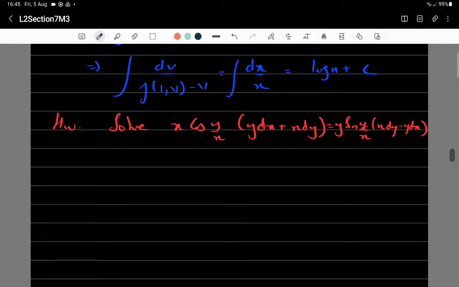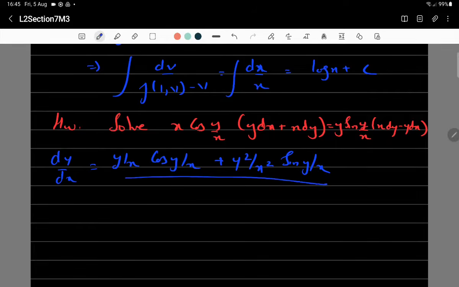So the given equation is dy by dx. Please do try to simplify it by yourself. It becomes (y by x cos(y by x) plus y square by x square sin(y by x)) divided by (y by x sin(y by x) minus cos(y by x)).